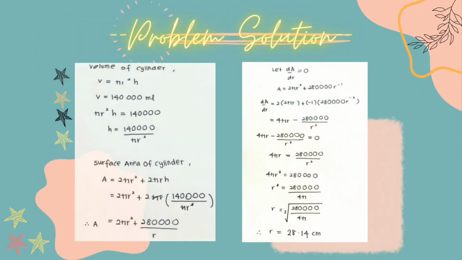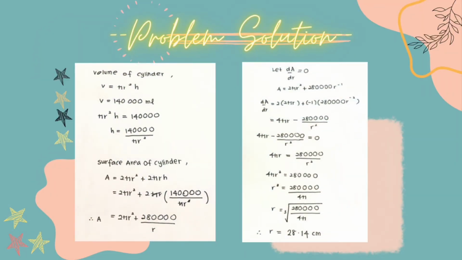Okay, so for the problem solution of the strawberry tank, first we have to find the volume of the cylinder, which is pi multiplied by radius squared multiplied by height. So in this slide, height is h and radius is r.